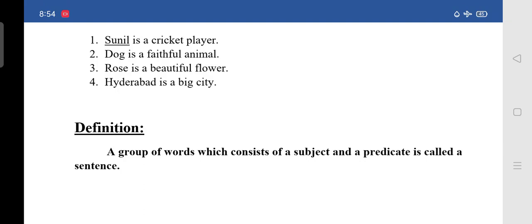Write a minimum of 5 sentences, find the subject and predicate in each, and send them to me. Don't write the examples which I have given. Try on your own, and write and send me.